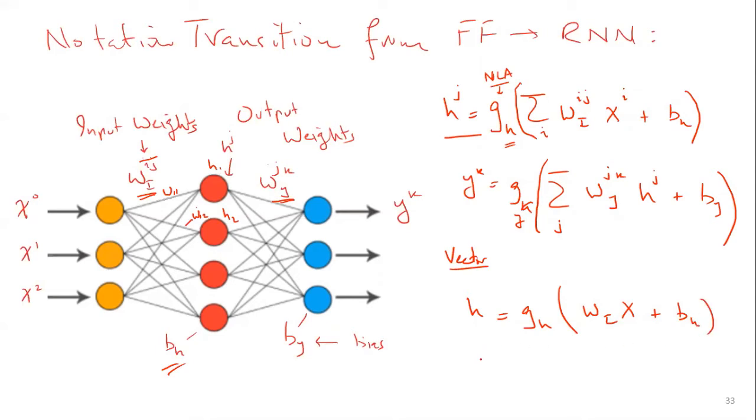Okay, and can somebody tell me the equation for y? It is going to be g of y applied on wy times h plus b of y. Okay, so this is a vector notation, which basically says that this is a dot product.